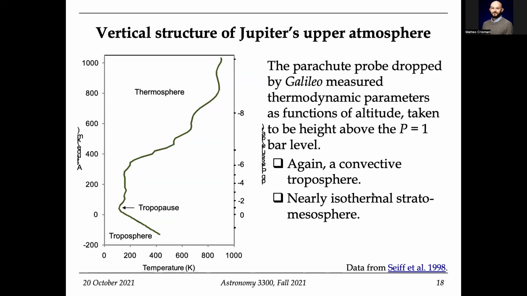Here's Jupiter's upper atmosphere. Is there convection here? Where? Exactly right. So that looks really linear. The difficulty, of course, with Jupiter is that there's no surface, so you have to create a zero altitude.